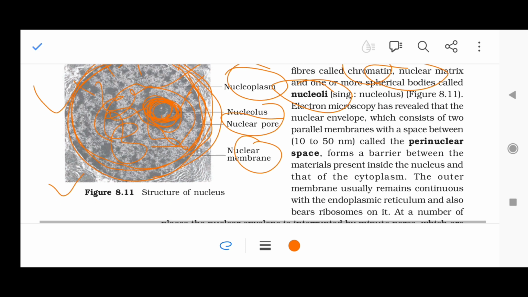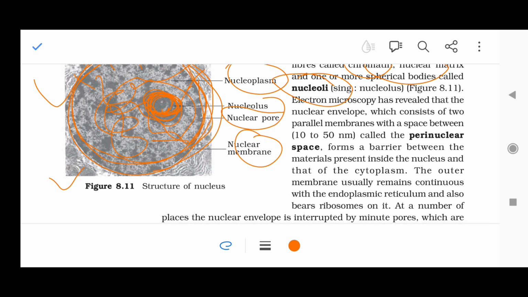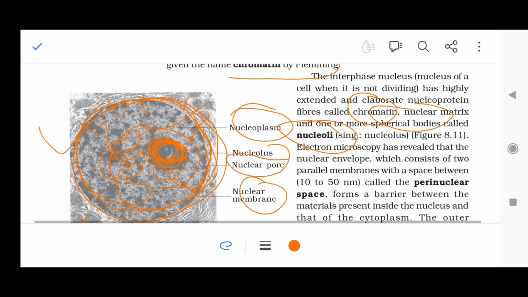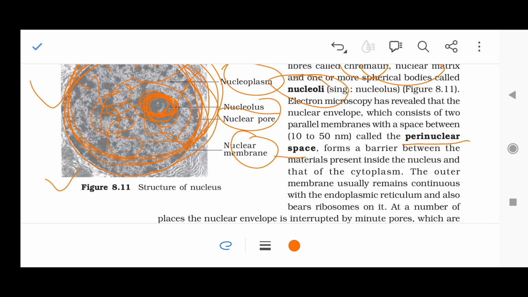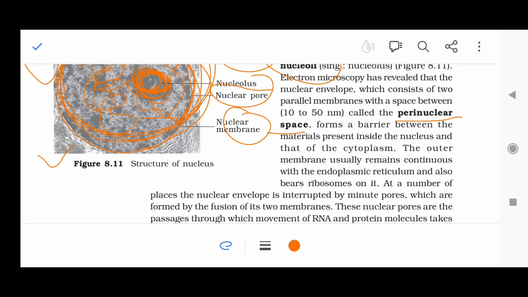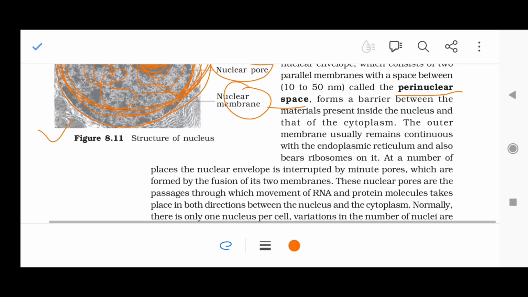Electron microscopy has revealed that nuclear envelope consists of two parallel membranes. Here is the nuclear membrane. Basically there are two membranes which are running parallel to each other, and there is a space between these membranes that is called perinuclear space, which forms a barrier between the materials present inside the nucleus and that of cytoplasm.